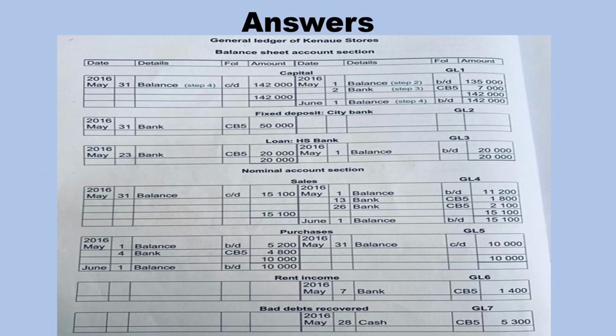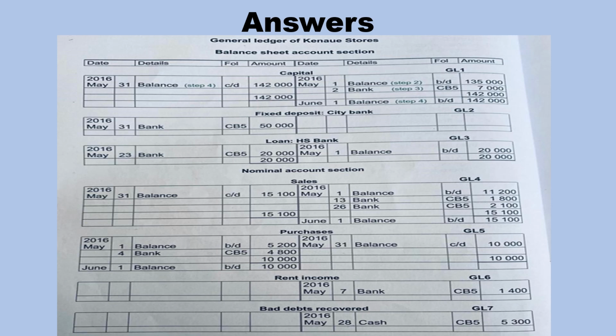So another example, let's look at fixed deposit. Fixed deposit here is also bank, which means in the cash book this amount of 50,000 was in the bank column, and the cash book number does not change because it's all coming from the same cash book. It's an individual account, so every account must have its own posting in the general ledger to complete the double entry principle.